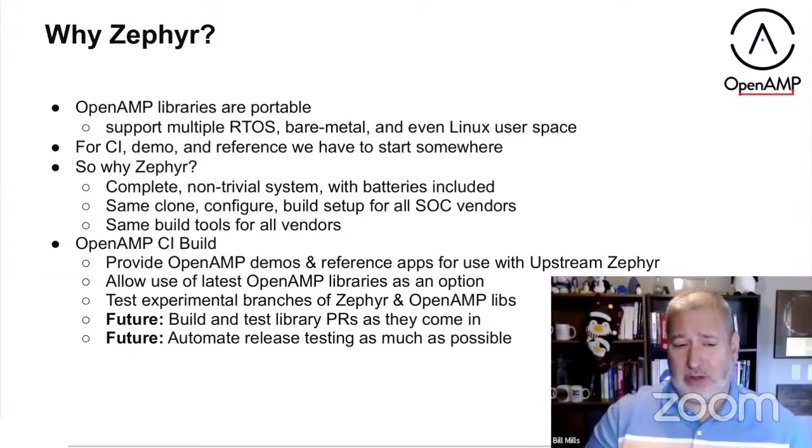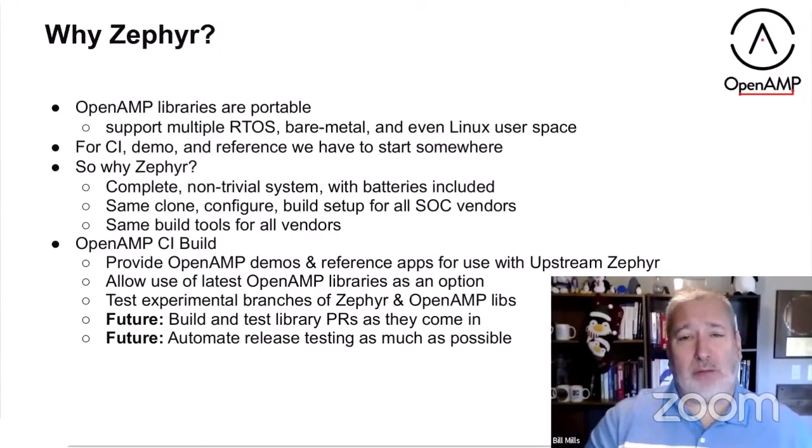The OpenAMP build. So we provided an OpenAMP system reference repository where we have demos and a Zephyr manifest, so we can start building these Zephyr images. By manipulating the manifest, we can test with upstream Zephyr or an experimental branch like the Virtio branch, or we could just test the latest version of OpenAMP and libmetal before it's been adopted by upstream Zephyr.